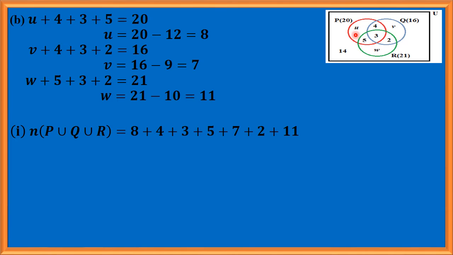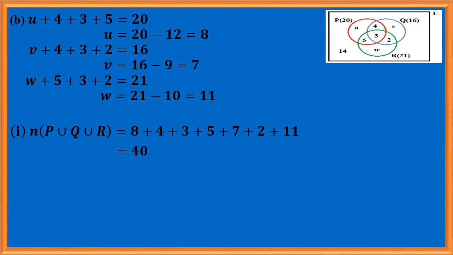So we'll have U plus V plus W, but we know U to be 8, so we'll have 8 plus our V, which is 7, plus our W, which is 11, then plus 4, plus 3, plus 5, and plus 2. When we add everything within the three circles, it should give us number of P union Q union R. And when we add everything, number of P union Q union R will be 40.